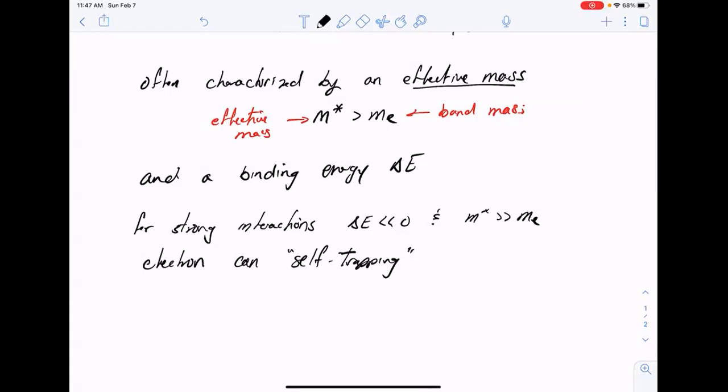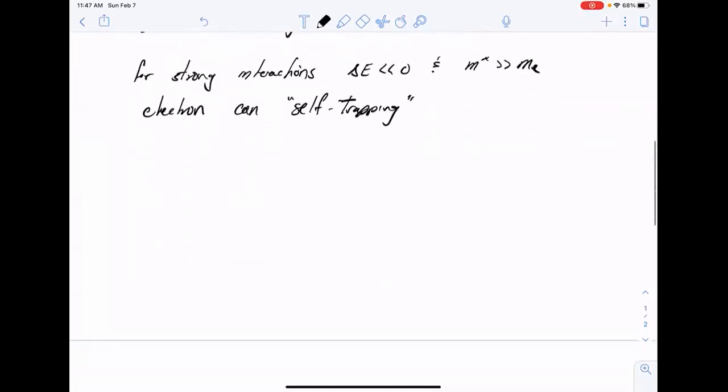And subsequent to those initial studies, there was an effort to write down a simple Hamiltonian that would describe this behavior. And the canonical model that emerged is due to Froelich. Good German guy with an umlaut in his name.